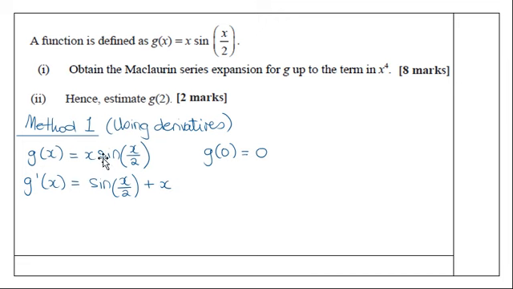To differentiate sine of x over 2 or sine of half x, we're going to use the chain rule. So we differentiate the inner function, that gives me half, and then differentiate the outer function. So we're going to have half cos of x over 2. Let's just simplify this a little bit.